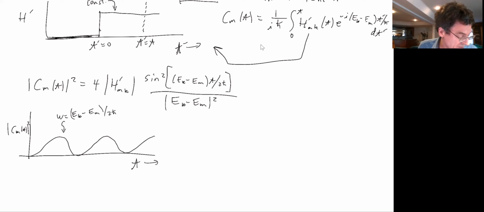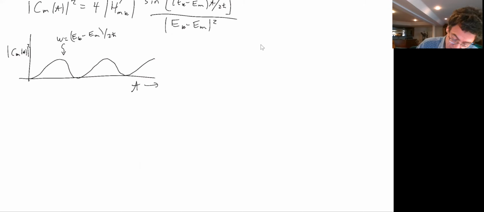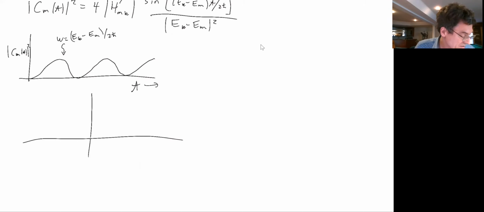And then we plotted it a different way. We plotted the probability, Cm of t squared, as a function of Em, the final state energy, where this then is the initial state energy, and then we see that the function now looks like this.